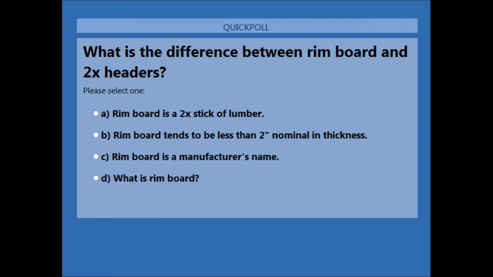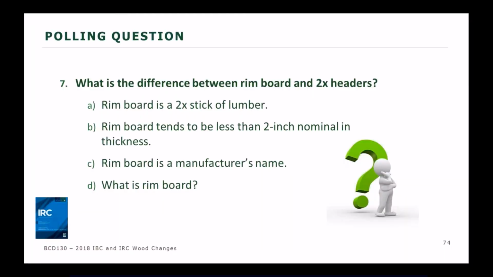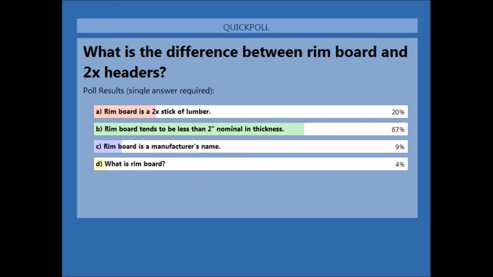And I've got about 67% in 40 seconds. I'm going to close. And we've got 67% say rim board tends to be less than 2-inch nominal in thickness. 20% say rim board is 2x stick of lumber. 9% rim board is manufacturer's name, and 4% what is rim board.